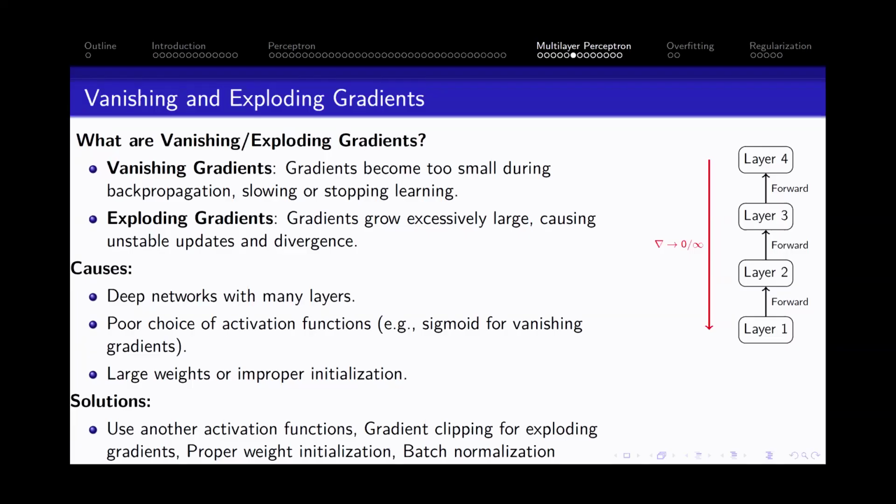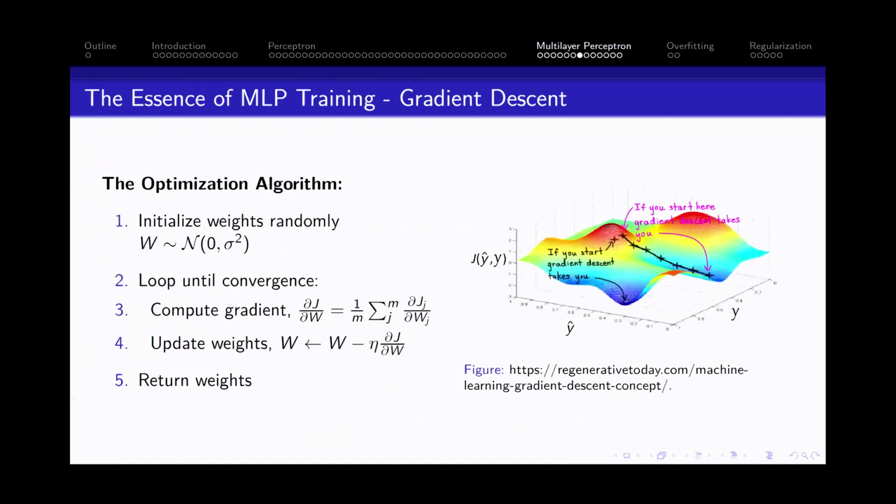And the solutions to overcome these issues are replacing the activation function with another one, using gradient clipping, which is specifically used for exploding gradients, a proper weight initialization, or using batch normalization, which is a common solution to use in the neural network.